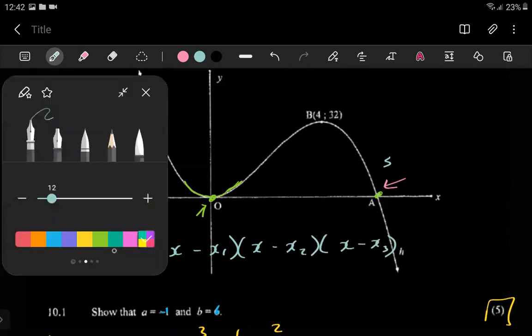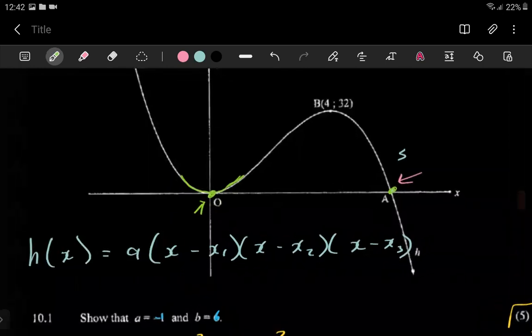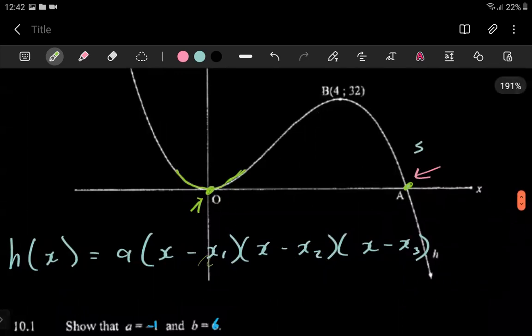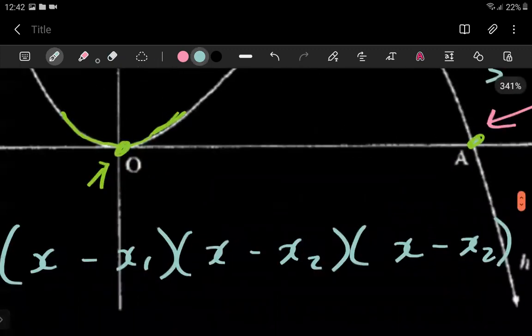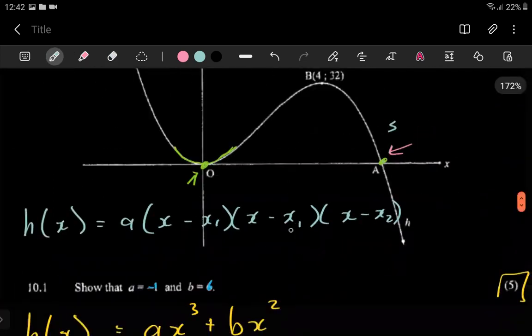What we're saying is, as long as you see that a turning point is also an x-intercept, it means that two brackets will look exactly the same. So you'd have one distinct x value, and then two of them identical: x1 and then x1 again, and the second x-intercept.